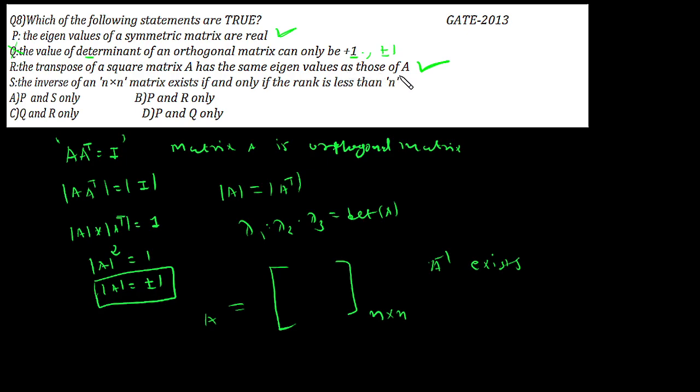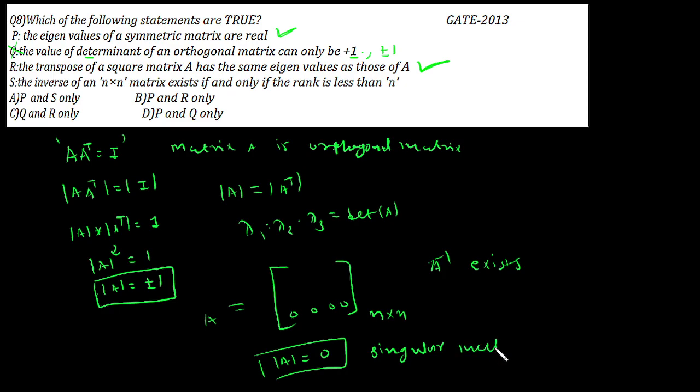And what does it mean that the rank is less than n? That means it has at least one row with all entries 0. Then the determinant of this matrix A will be 0. So now it is singular, because the determinant is equal to 0.